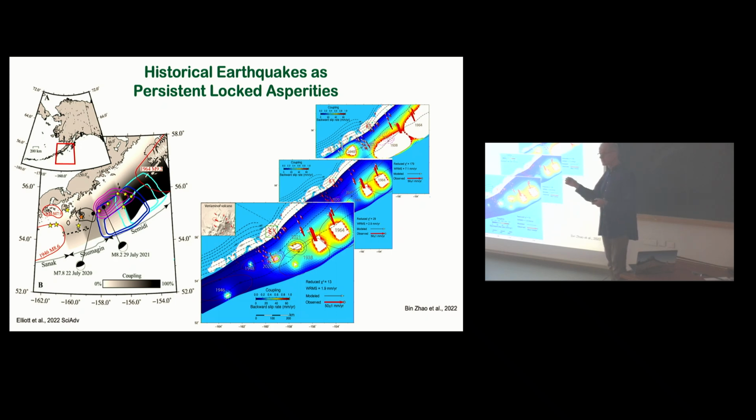But in this case, we don't just let the data and smoothing regularization guide the kind of models that we develop. We're taking this idea of asperities being a real thing, being persistent, and then finding that we need to make these really small to match the surface deformation.